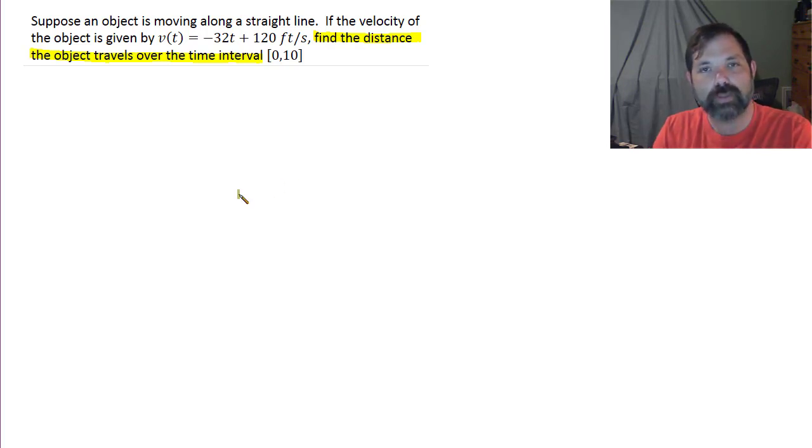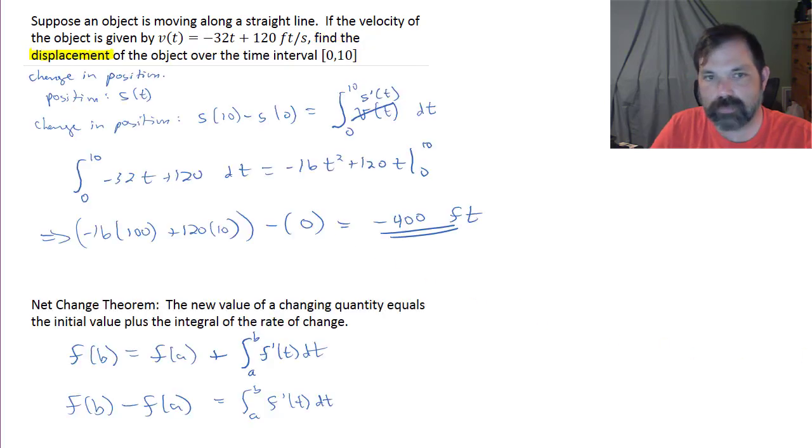So in our previous problem, we had a starting point somewhere on the line, and the end point was over here, where this change was negative 400 feet.